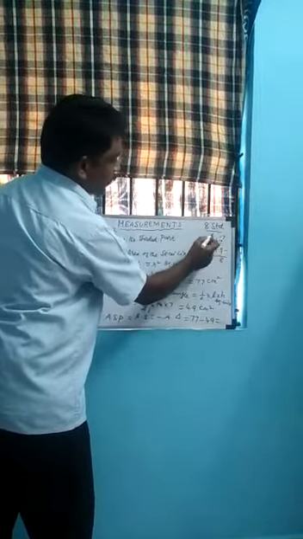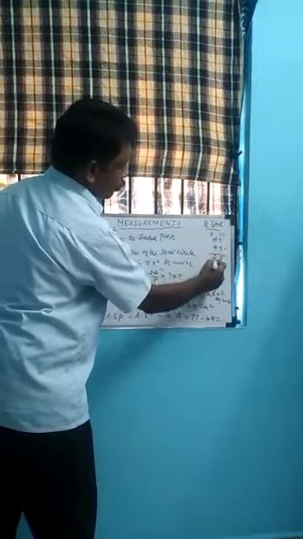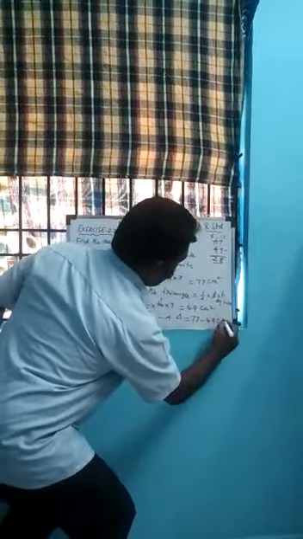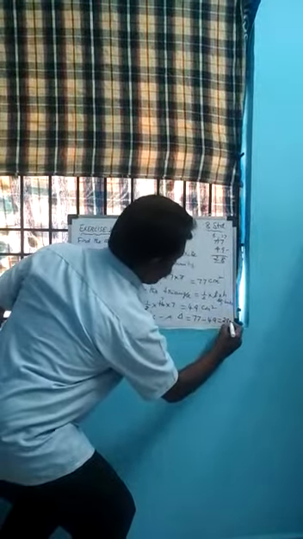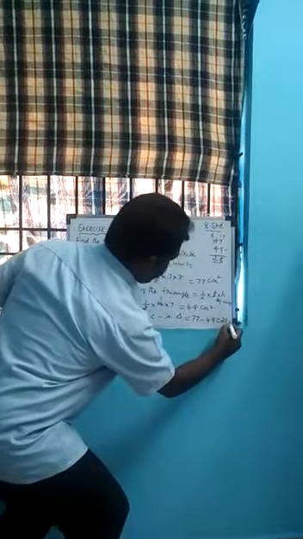Here 6 minus 4 equal to 2. Equal to 28 centimeter square.